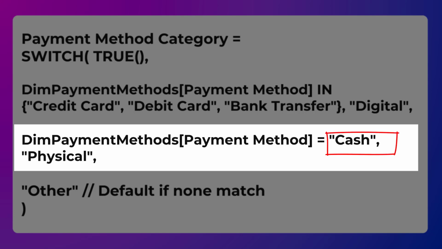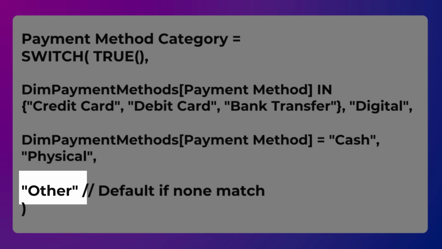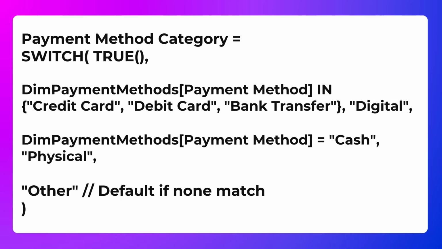If this condition is true, switch returns physical, indicating that cash is considered a physical form of payment. But if none of the specified conditions are met, switch defaults to returning other. This is indicated by the final argument in the switch function, which serves as the fallback result for any payment method value not explicitly covered by the two earlier conditions.